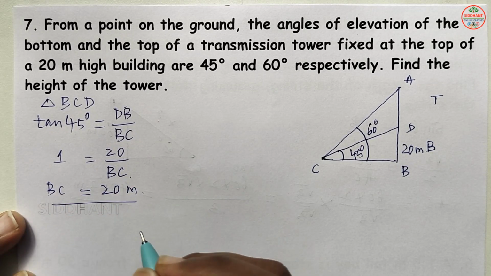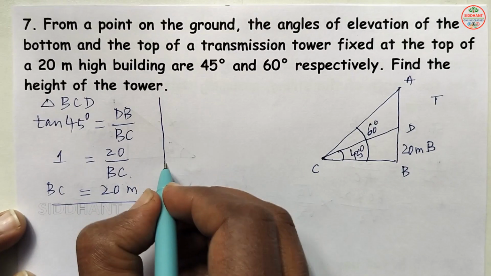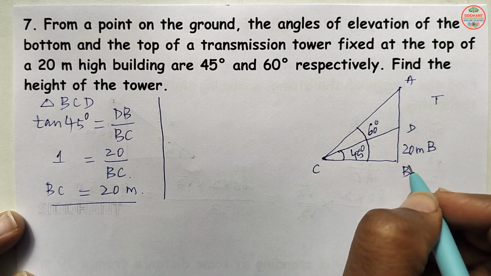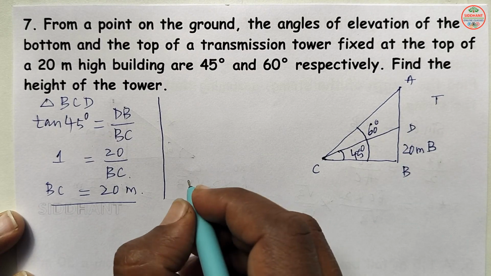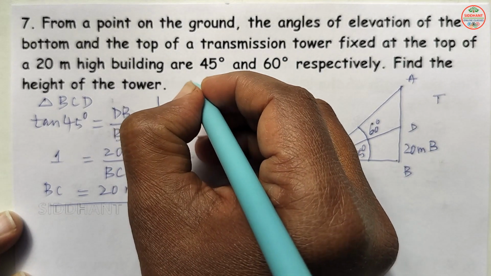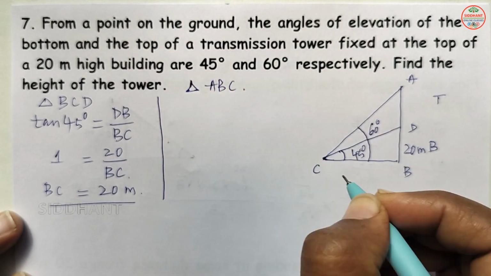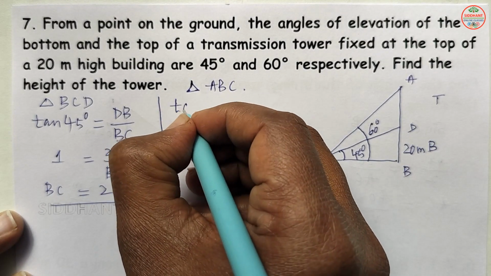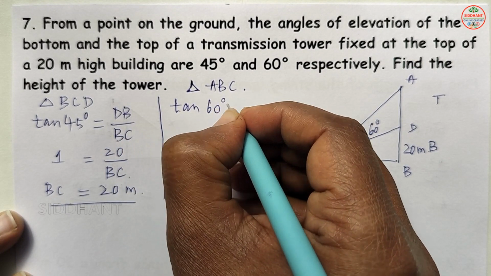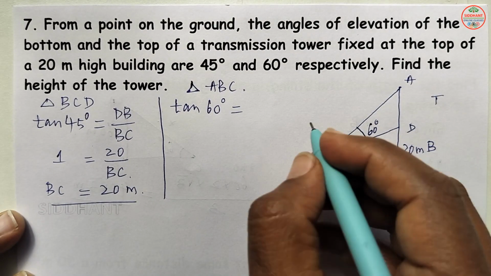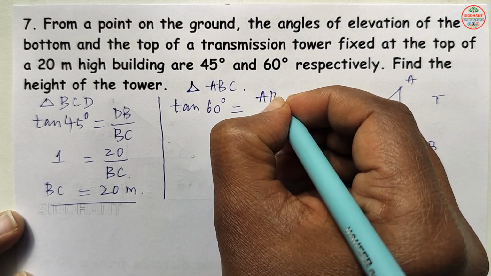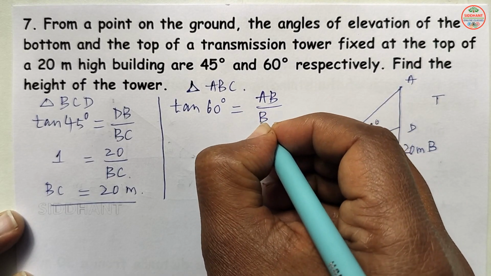So we got BC here. Now we are going to find out AB. In triangle ABC, we are going to take tan 60, which equals AB by BC.